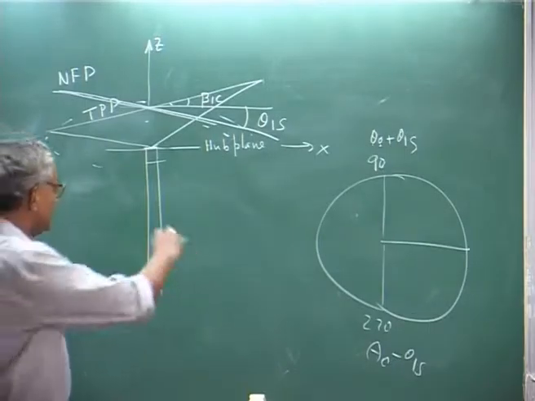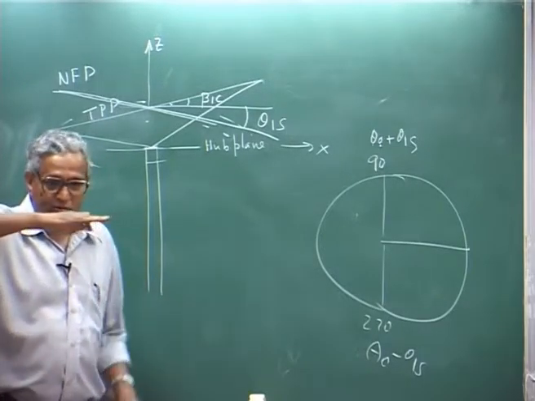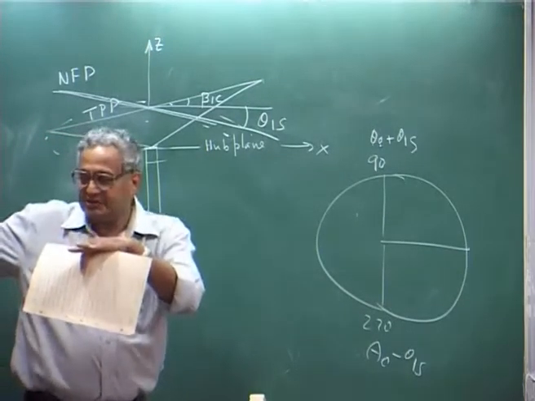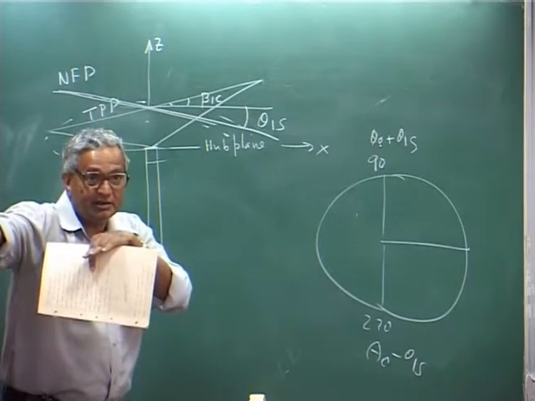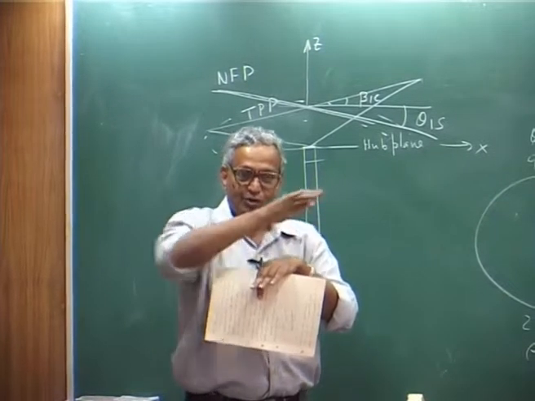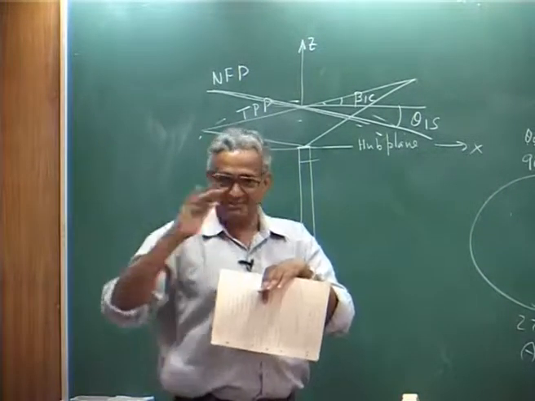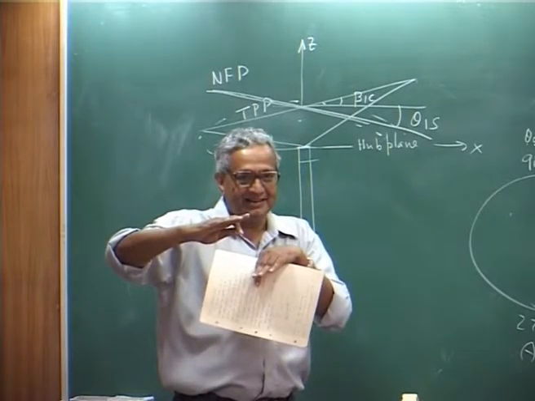With respect to the hub plane, please understand, all are referred. In the hub, when you look at a blade, pitch angle will be what? Here theta naught, when you go to 90 degree, it is theta naught plus theta 1s, 270 theta naught minus theta 1s. So, you want to make both of them equal, because that means, you tilt the plane a little up.